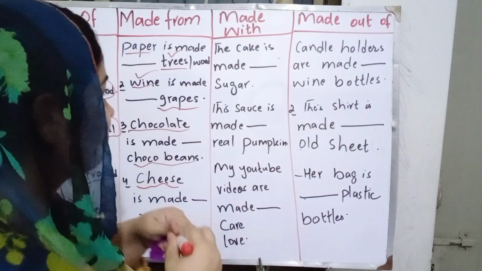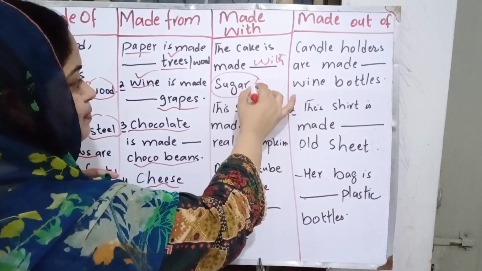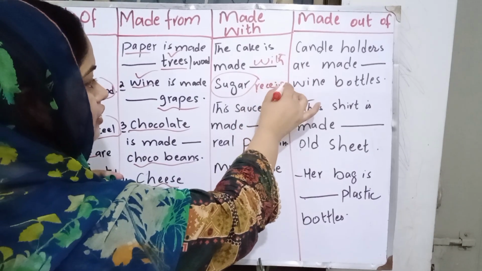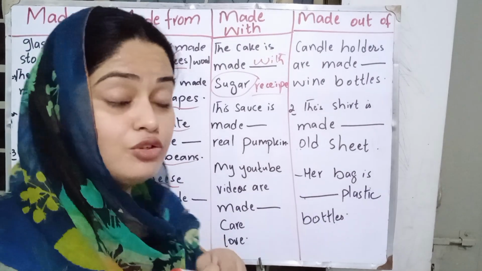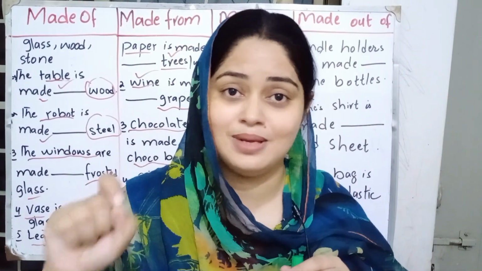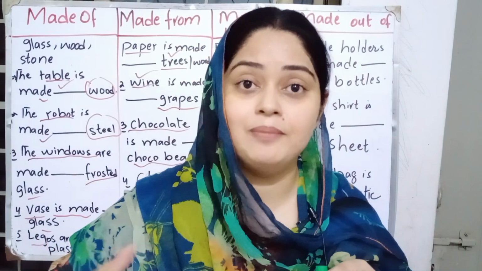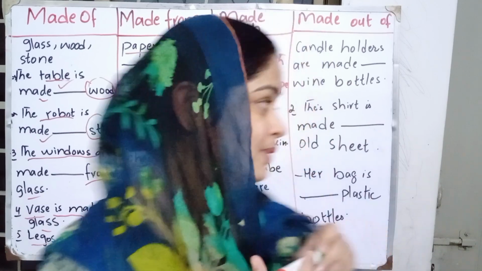For example, the cake is made with sugar. We often use made with to describe the ingredients of a recipe.